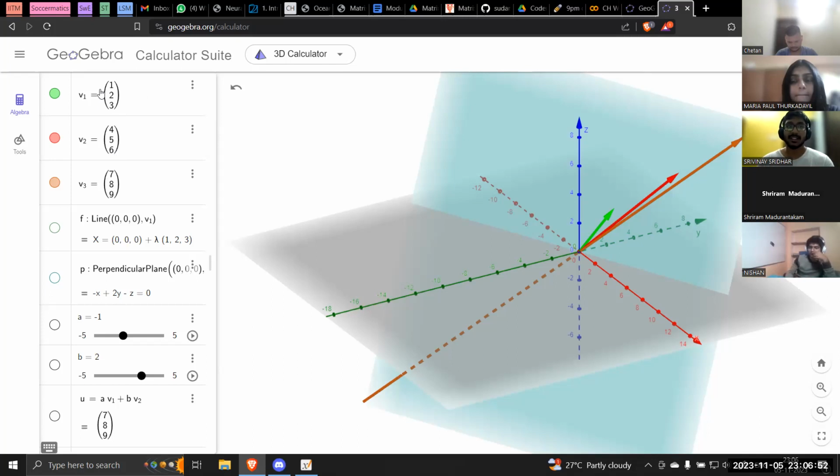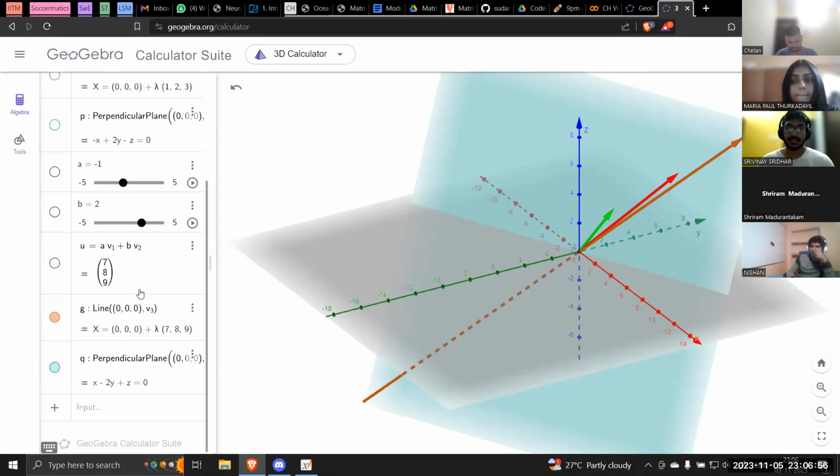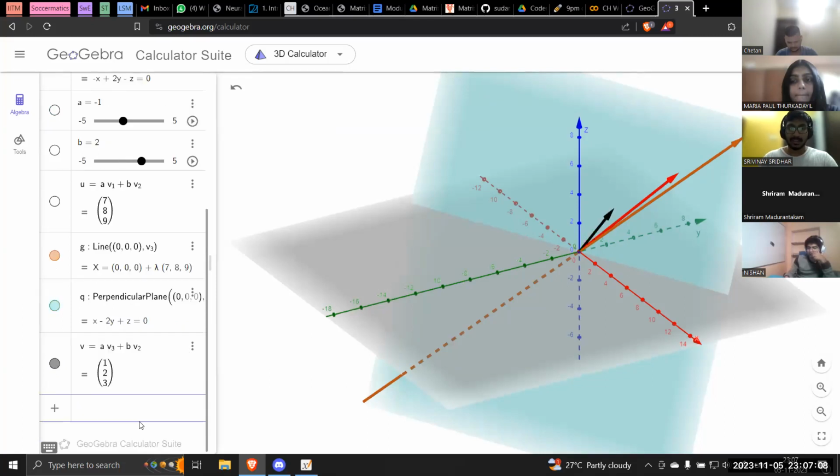So can you see that I can manufacture 1, 2, 3 with V2 and V3 as well, right? Which is nothing but saying, if I take A times V3 plus B times V2, which is nothing but saying a linear combination of Nishant's suggestion and Chetan's suggestion, is this black vector, right?